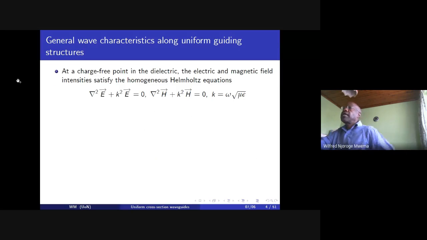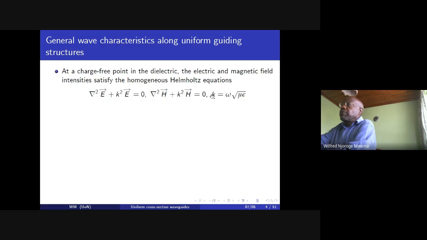At a charge-free point in the dielectric, the electric and magnetic field intensities will be solutions of the homogeneous Helmholtz equations: the Laplacian of E plus k squared E equal to 0, and the Laplacian of H plus k squared H equal to 0, where k is simply omega root mu epsilon.